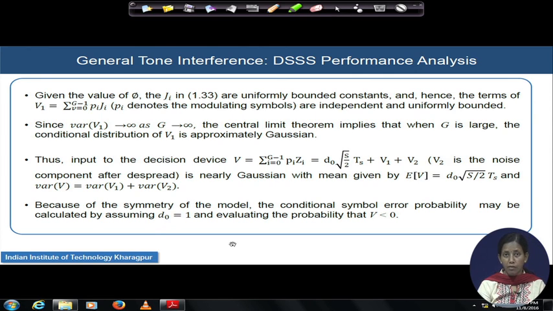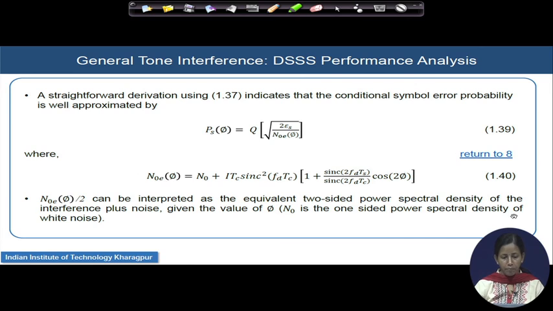Your decision device will give a wrong indication when you transmitted 1 but it has seen that the input is less than 0. It will decide as if the transmitted data symbol was equal to minus 1, which is wrong. Hence the symbol error probability will keep on going.